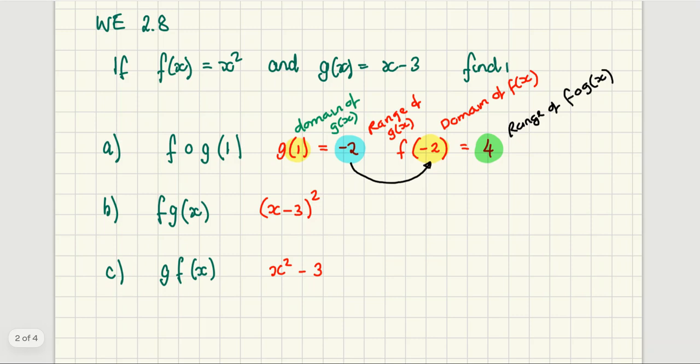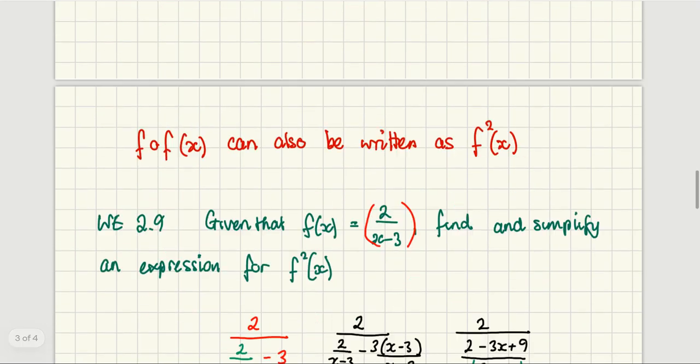So there's obviously going to be some functions where the output of the first function means that the second function can't work.